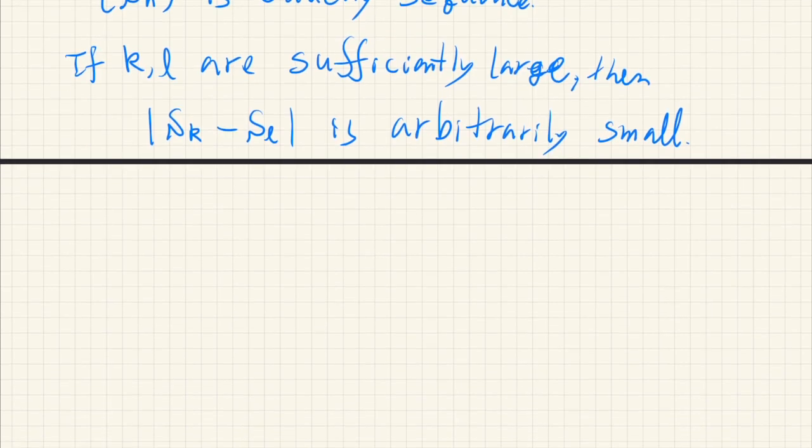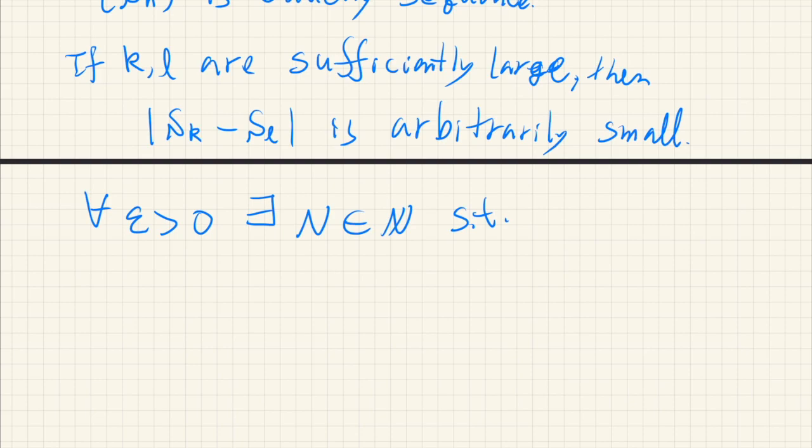More formally, we can formulate it in the following manner. For any epsilon that is positive, there exists some natural number N such that for all natural numbers k and l, the following holds.